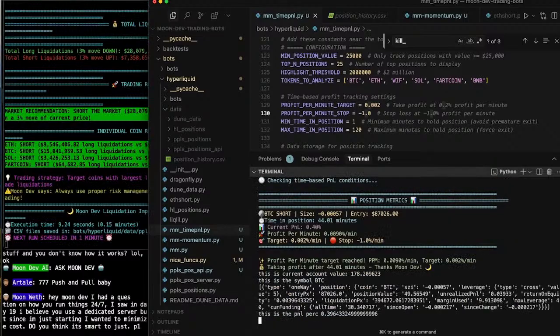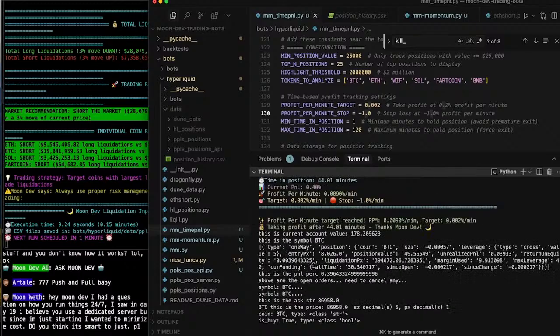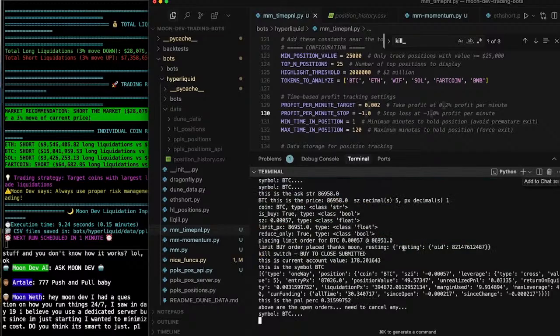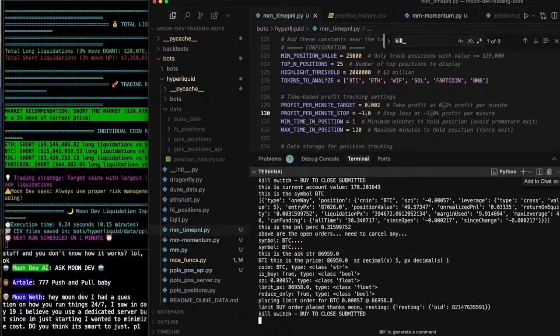Like, oh, damn. You just got into that move. Okay, you can see it's closing. You can see profit per minute is this. Profit per minute reached. Let's see if it successfully gets us out of that position.